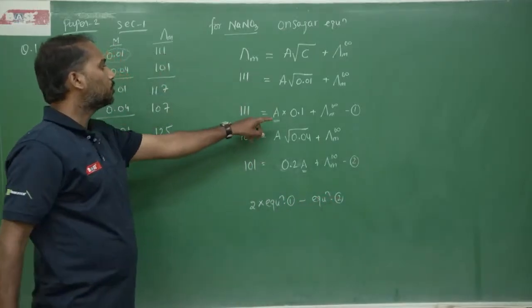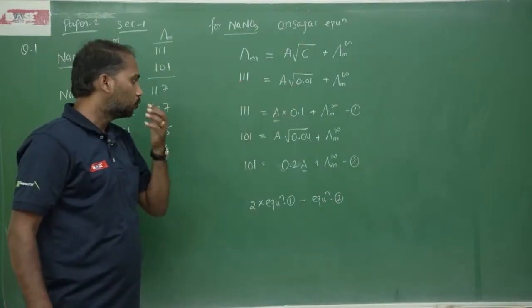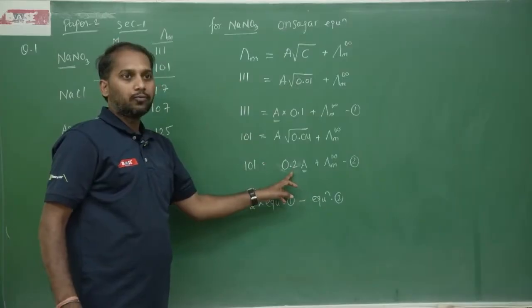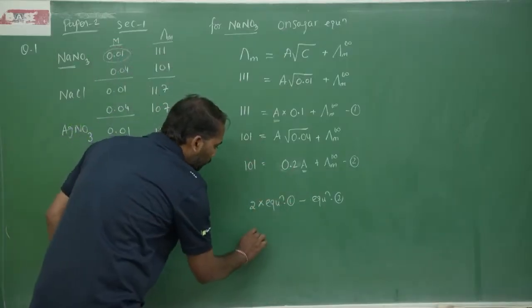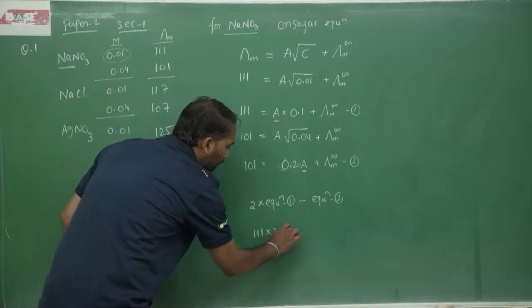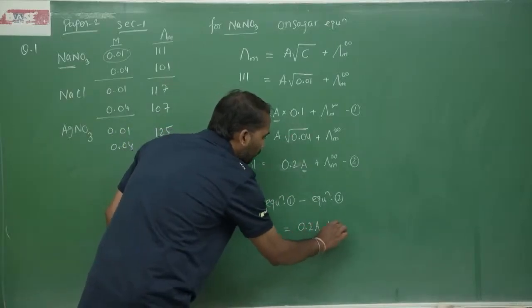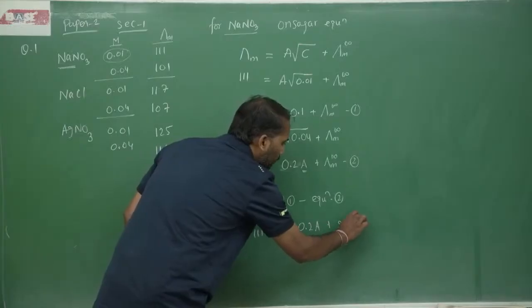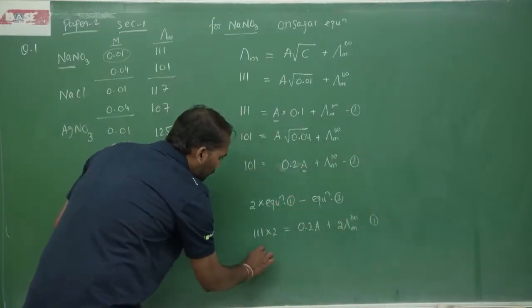I multiplied the 0.01 equation by 2 and subtracted the 0.04 equation from it. So 111 into 2 equals 0.2 into A plus 2 into the molar conductivity at infinite dilution. This is equation 1.